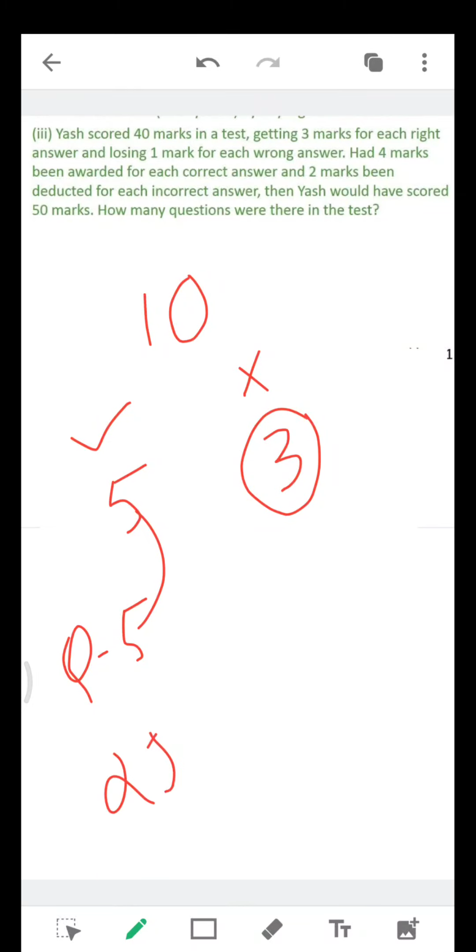Another 5 you attempted wrong, so 5 times 3 is 15. They'll subtract 15 marks from the marks you have scored. That is the meaning of negative marking. So finally your score will be 10 only.